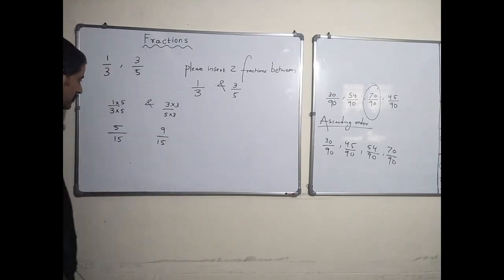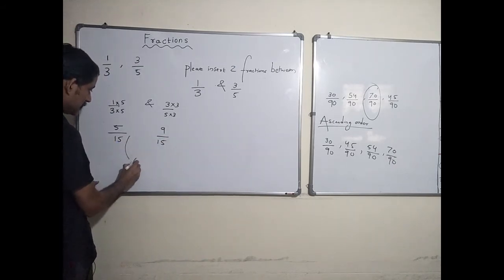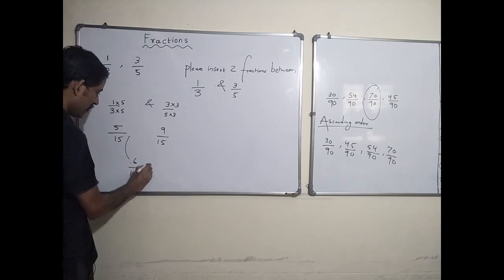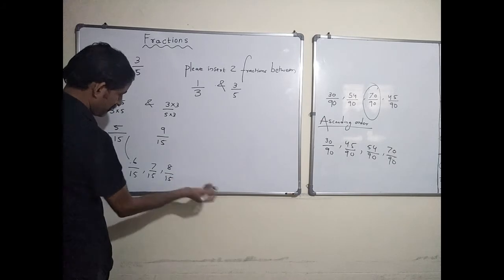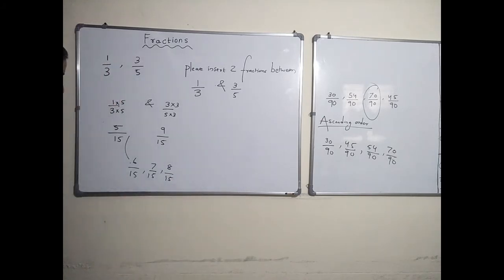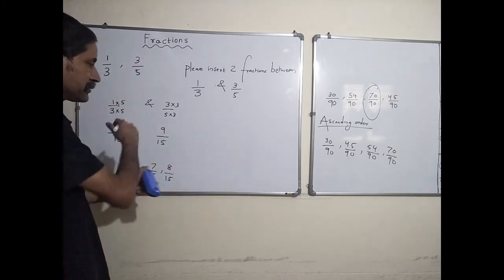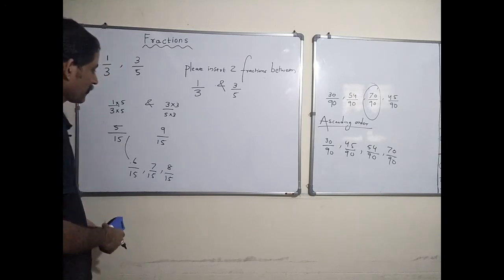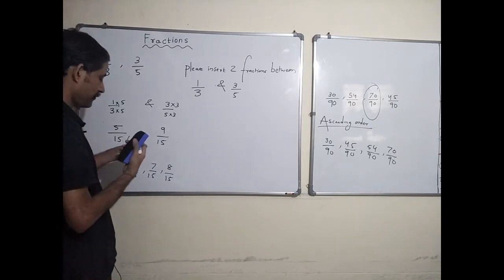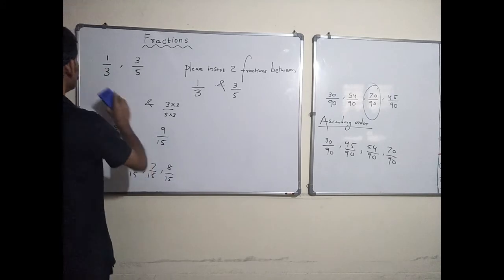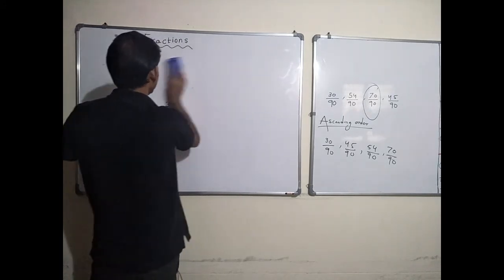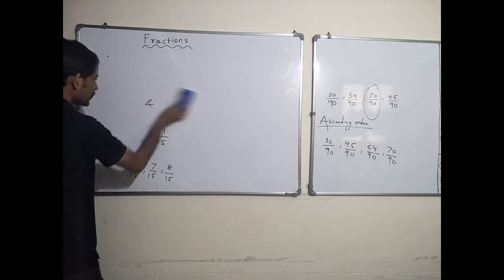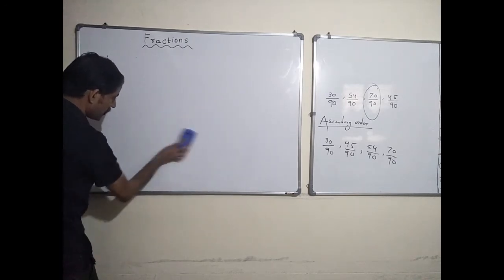Now that can be 6 by 15, 7 by 15, 8 by 15. Simple. So this is how you should think and solve such problems. Great. Now let's move on to addition and subtraction.